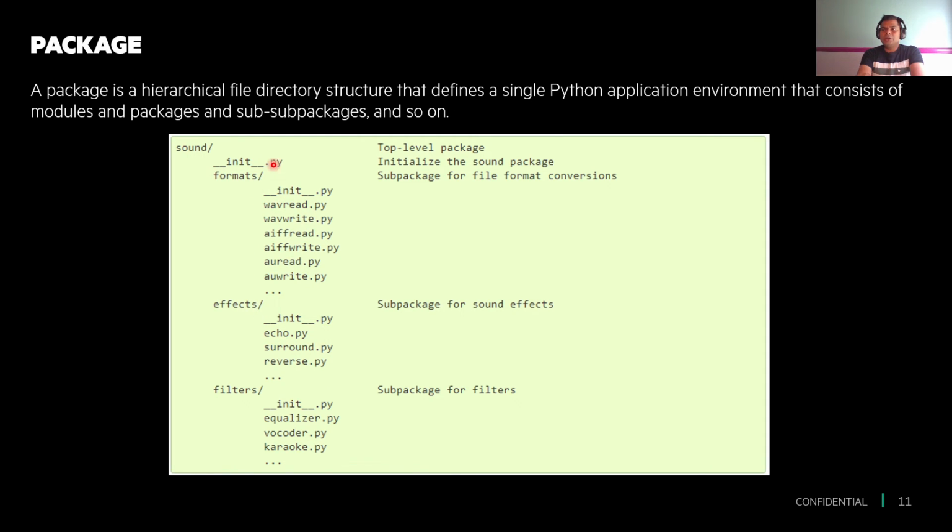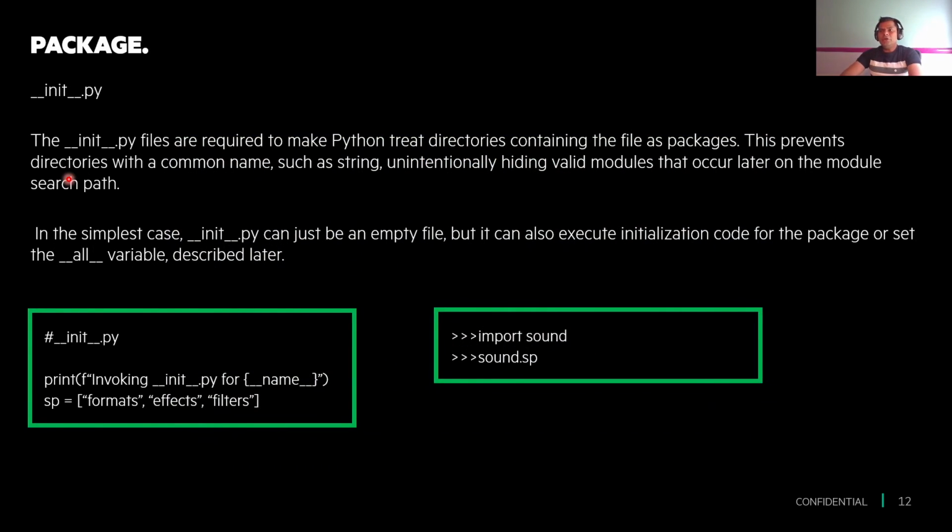Only one thing looks very new and interesting, which is the __init__.py file. So let's take a look at that file. The __init__.py file is a special module which treats the directory as a package. In the simplest case, it could be an empty Python file, an empty Python module.